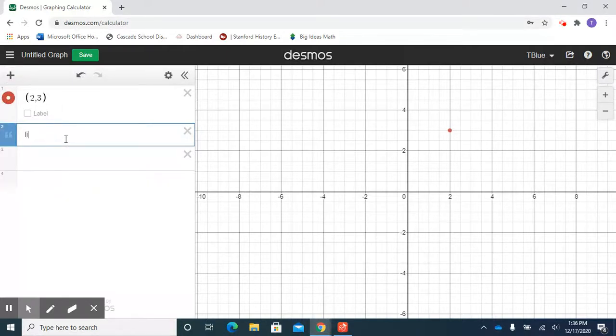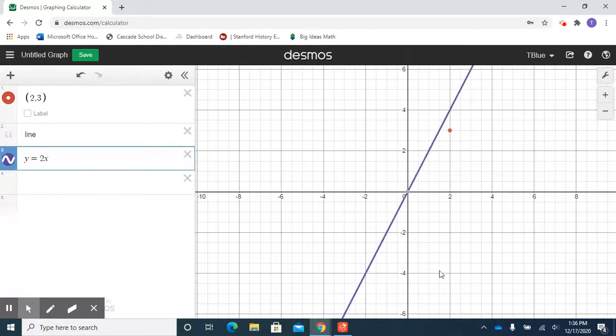Now, let's make a line. So a line would look something like this. There's a line right there. That purple one is a line. And a line is a series of points that goes on forever.